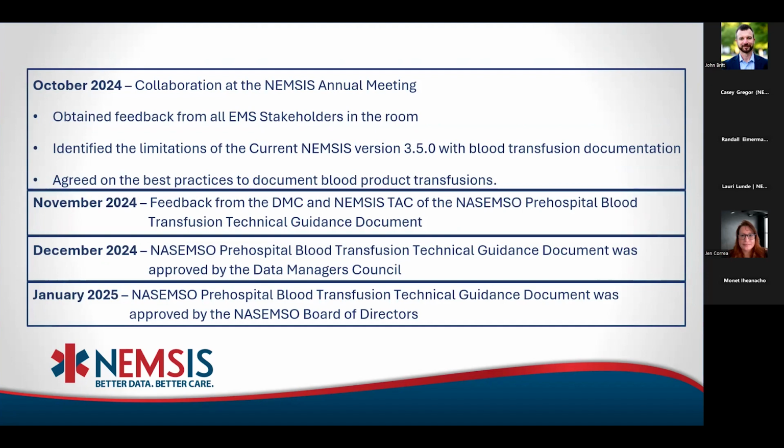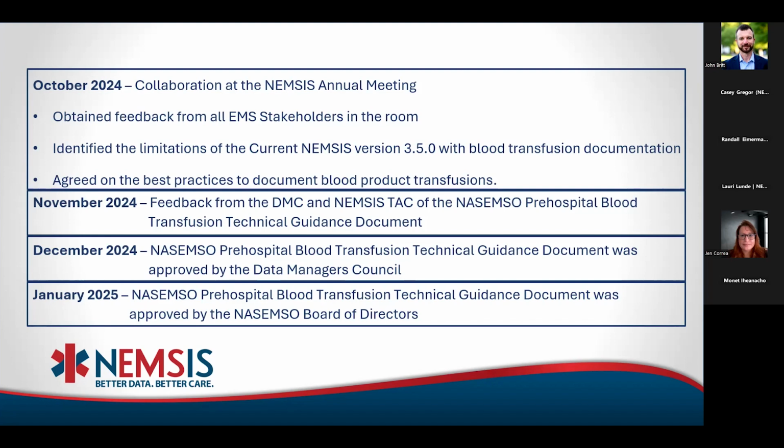In October of 2024, at the NEMSIS annual meeting, we obtained a lot of feedback from the EMS stakeholders in the room and identified the limitations of the current NEMSIS version 3.5.0 with blood transfusion documentation. We all agreed on the best practices to document blood product transfusions. In November of 2024, the NASEMSO pre-hospital blood transfusion technical guidance document was sent out for feedback from the DMC and the NEMSIS TAC members.